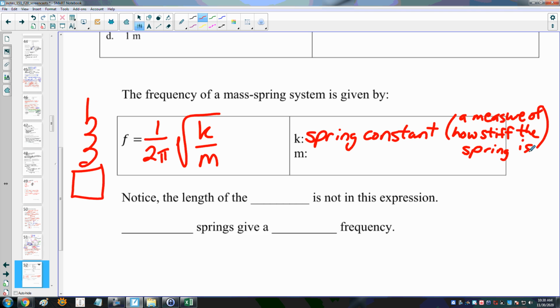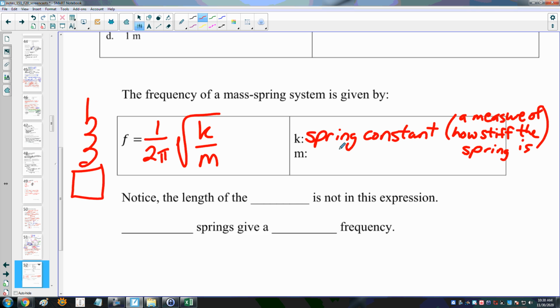So for example, you have springs on your car that help to smooth out your ride. Those pretty big, bulky springs, you compare those to say a rubber band. The springs on your car are going to have a much larger spring constant than a rubber band. They're both elastic materials, they're both springs in a sense, but the springs in your car are much stiffer, so they have a higher k value.